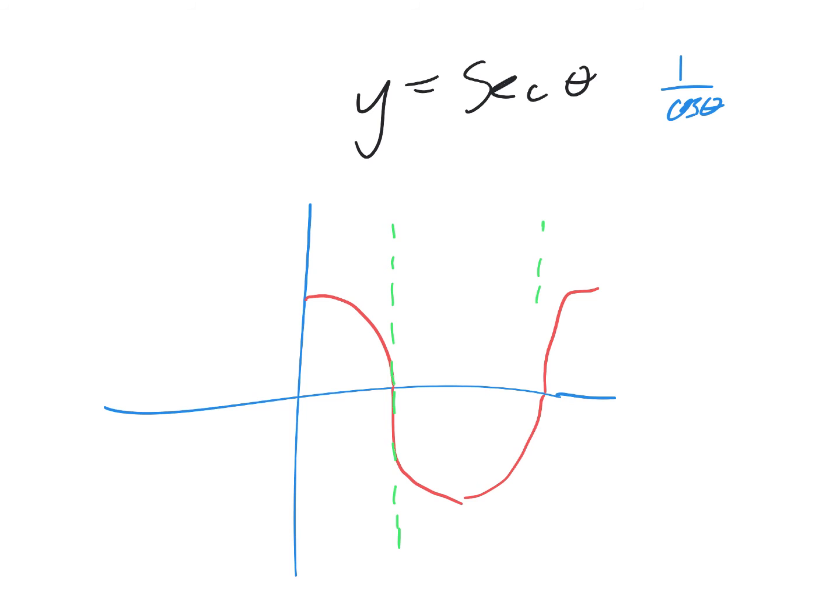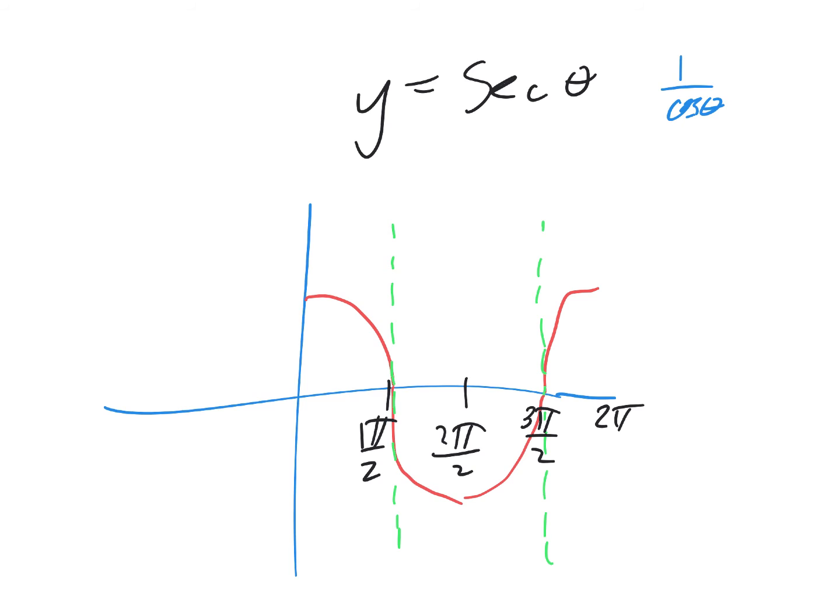And what are those 2 spots? That's why I put it on here, because you know this one. You know it ends at 2 pi. You know that in the middle is pi. And then this one must be pi over 2. 1 pi over 2, 2 pi over 2, and 3 pi over 2. Now you know where the asymptotes are. The asymptotes for secant come from wherever cosine hits 0.